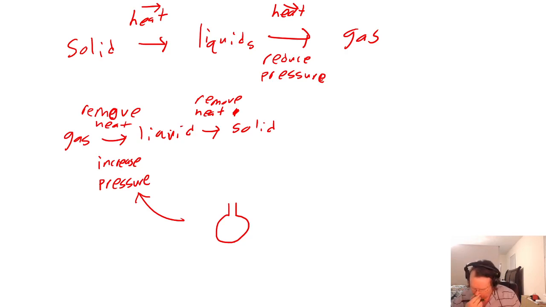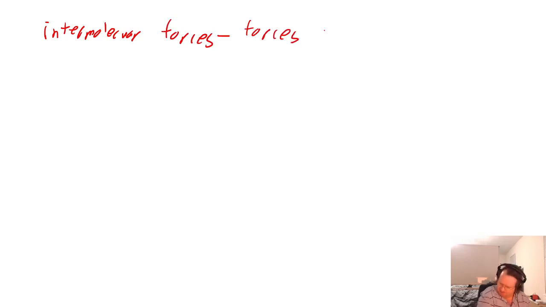The reason we're worried about this is that this chapter's primary focus is going to be what are called intermolecular forces. We're going to talk about how that's related to this. Intermolecular forces are the forces of attraction between molecules.